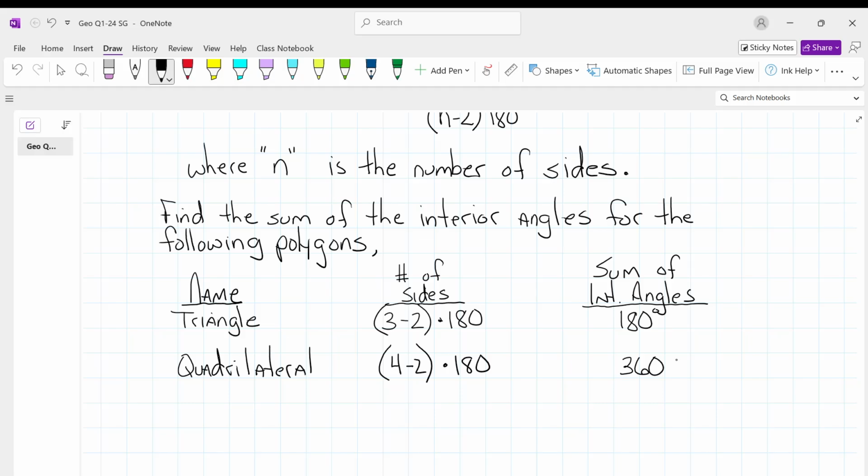So all of the angles inside of a 4-sided shape have to add up to 360 degrees. There's a table on the top of page 394 that would be helpful for you to refer to throughout the assignment today. It gives you the number of sides and the name of each shape all the way up to 12 sides.